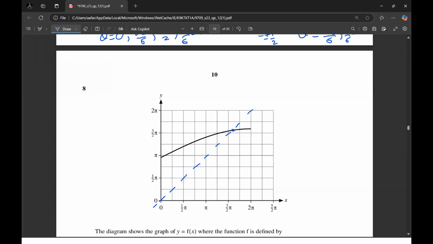So this will become this, and this becomes this.